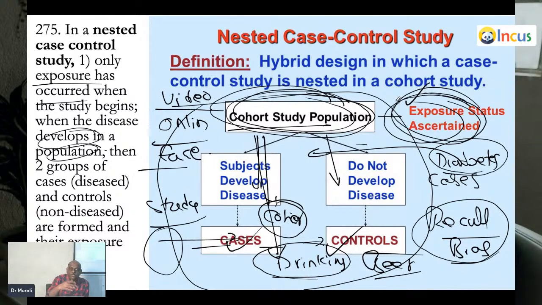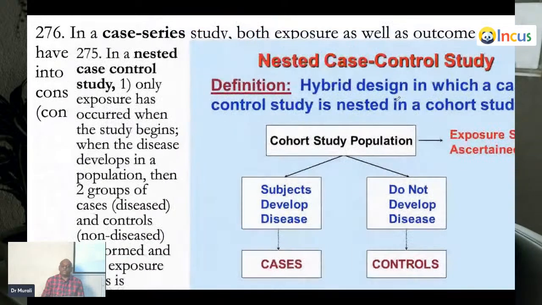In a regular cohort, neither exposure nor disease has yet happened. But here exposure is already ascertained and they are continuing to have exposure. Then you check how many developed disease and how many did not over a period of time. So you are combining both case control and cohort, you get the nested case control, is what you need to remember.